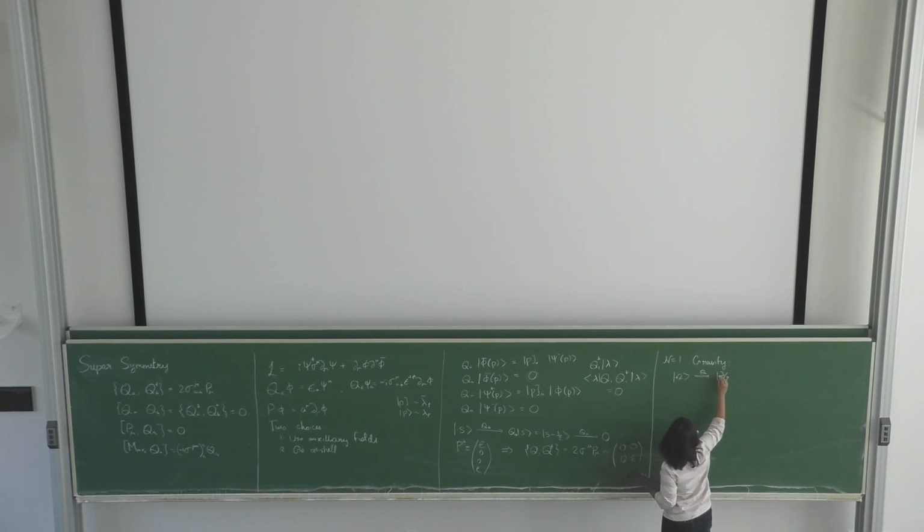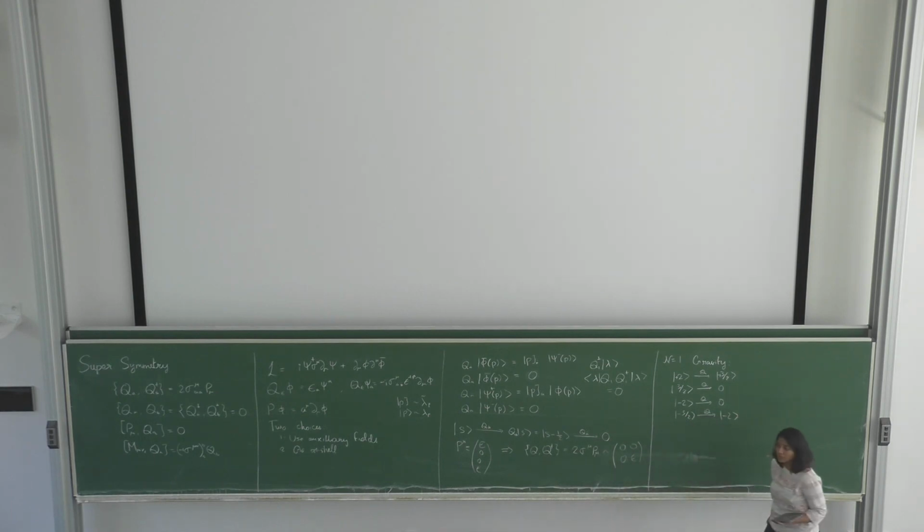So this is plus, plus, and then 3/2 when acted on with Q gives you 0. And then the opposite for the minus helicities. So minus 2 acted with Q gives you 0, and minus 3/2 acted on with Q will give you minus 2. Okay? This is how the states work.